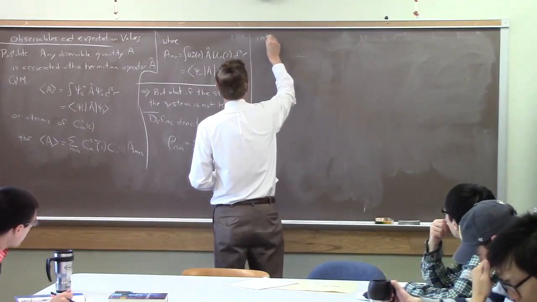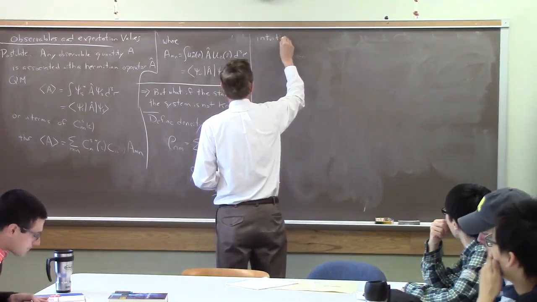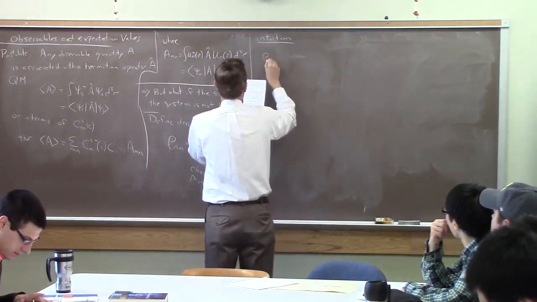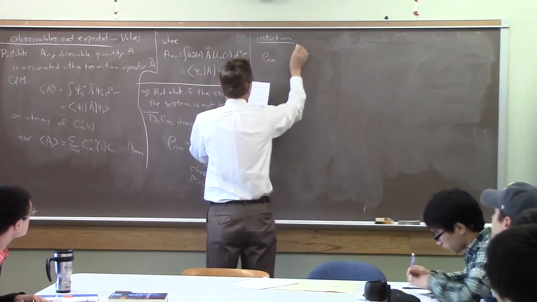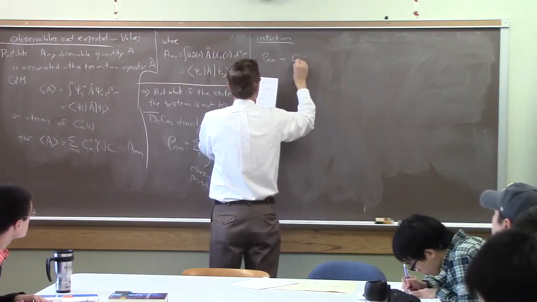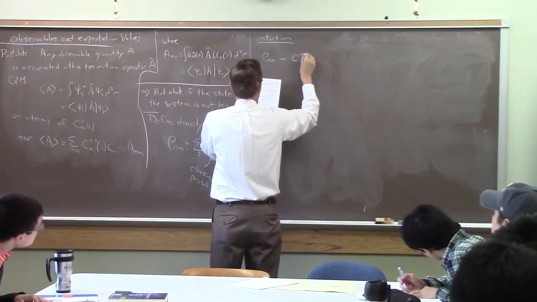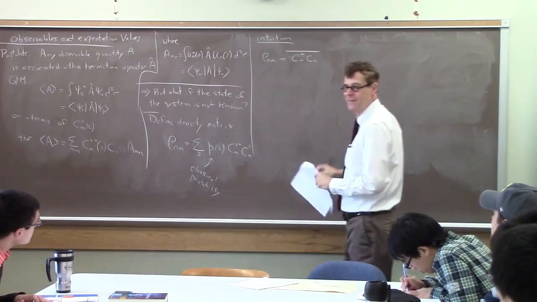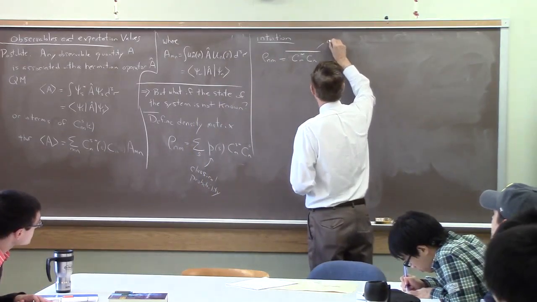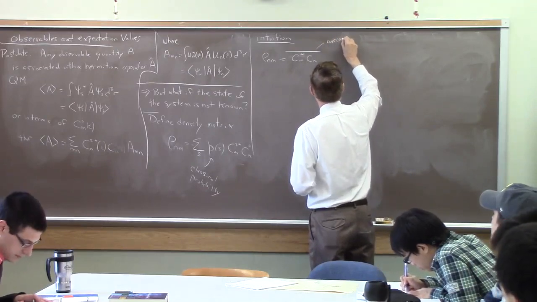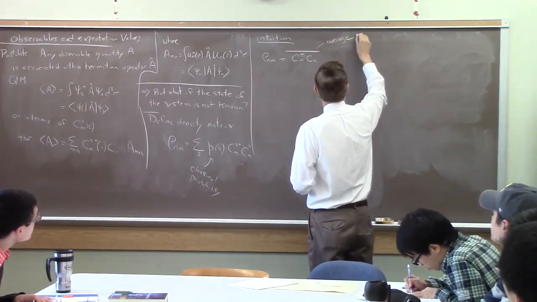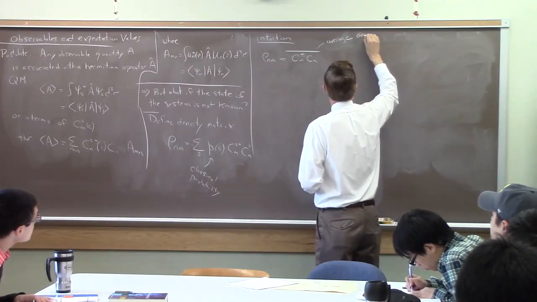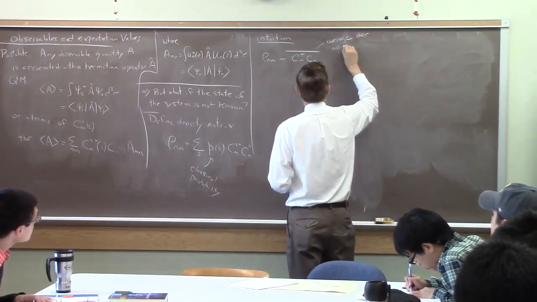So the intuition is that rho_nm is equal to the average of C_m* C_n over all the states.